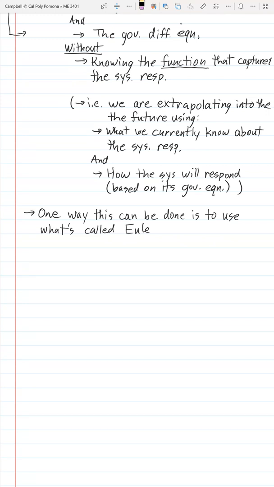To go from our present value of the response to a future value of the response using the governing differential equation, provided we can write it in a particular form. And then this will harken back to one of the things that I mentioned right at the very beginning of this discussion.